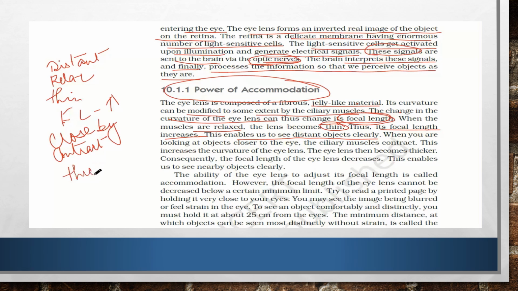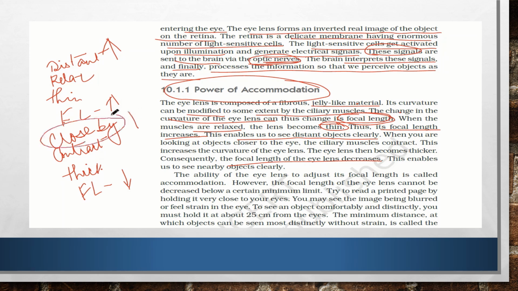As the lens becomes thick, the focal length of the eye decreases, and this will enable us to see the nearby objects. So when the focal length is increasing, we are able to see the distant objects. When the focal length is decreasing, we are able to see the nearby objects.